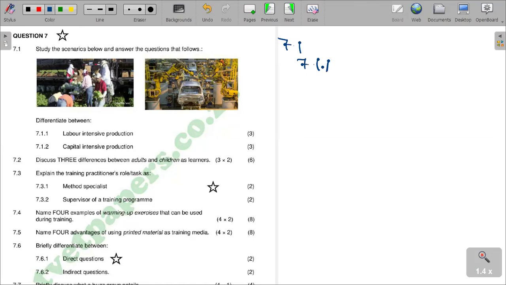Differentiate between labor-intensive production and capital-intensive production. Labor-intensive production refers to the production method whereby more labor is used in relation to available technology.